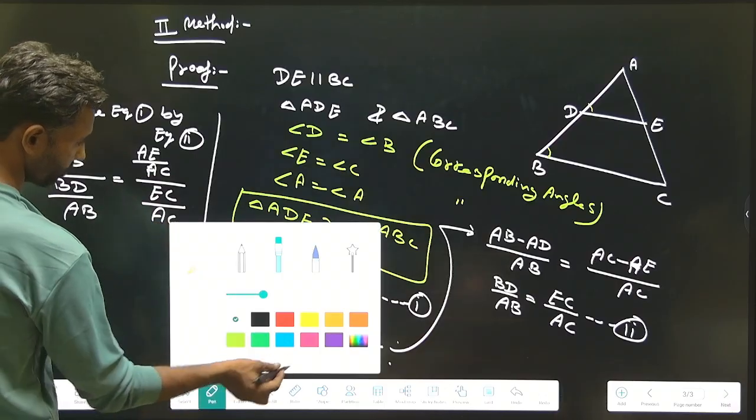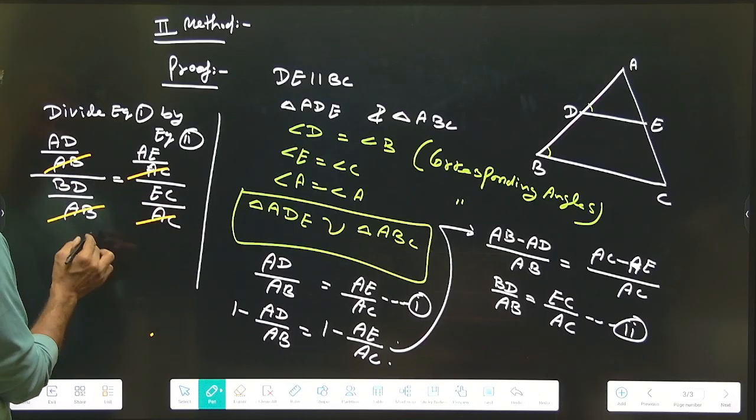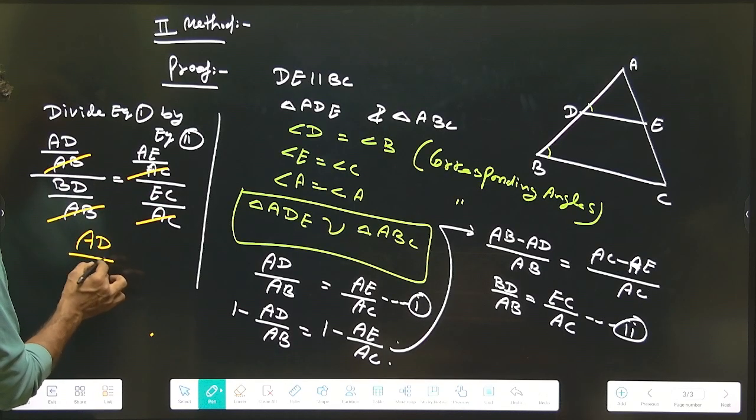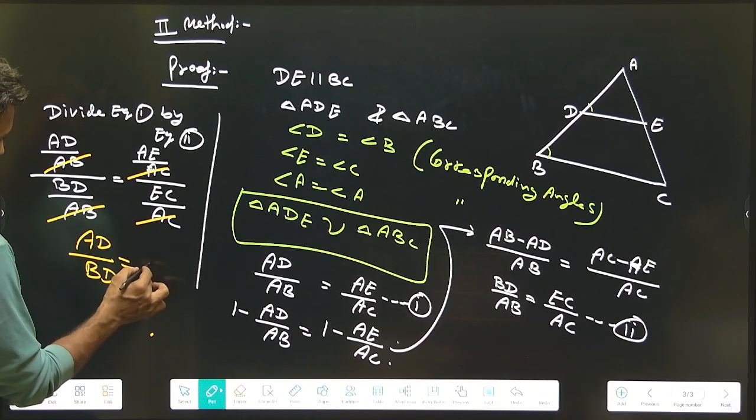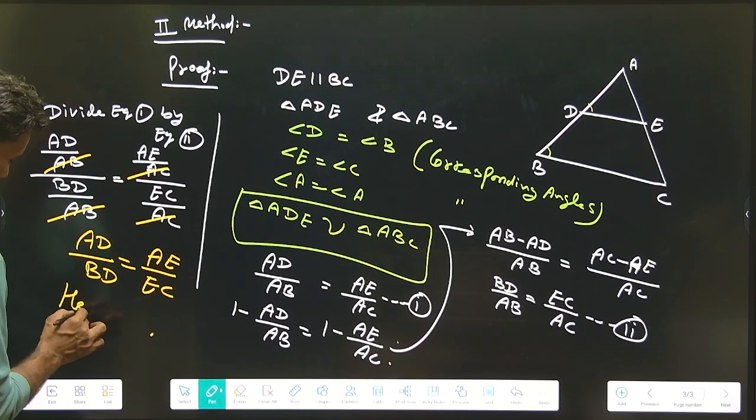Here AB is cancelled, here AC is cancelled, so it becomes AD upon BD equal to AE upon EC. Hence proved.